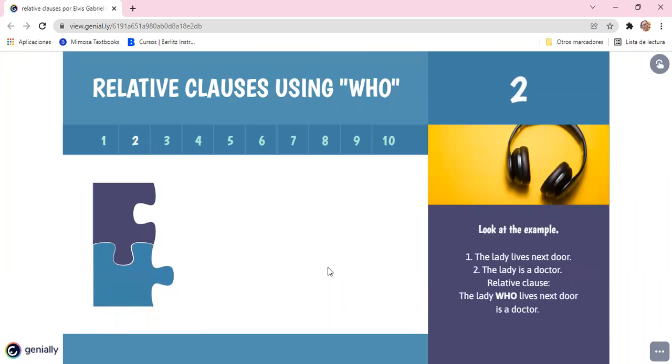Look at the following examples. The lady lives next door. This is sentence number one. The lady is a doctor. Now we are using sentence number two.